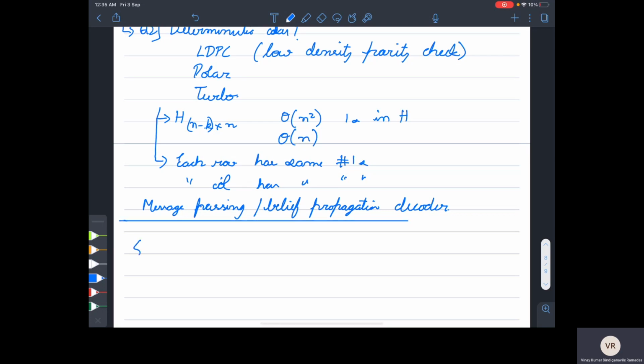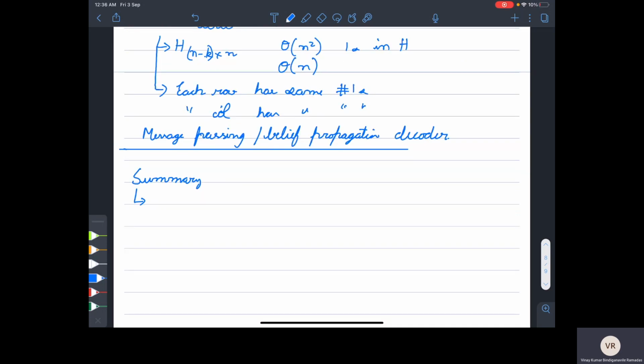All right. So okay, that concludes this lecture. In summary, what we did: we first motivated explicit code construction from Shannon's channel coding theorem. We saw parity check and Hamming codes.